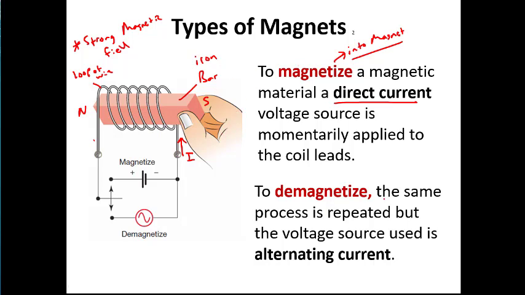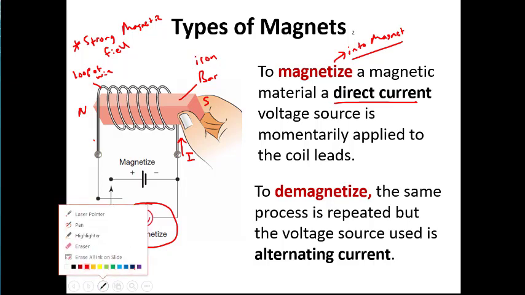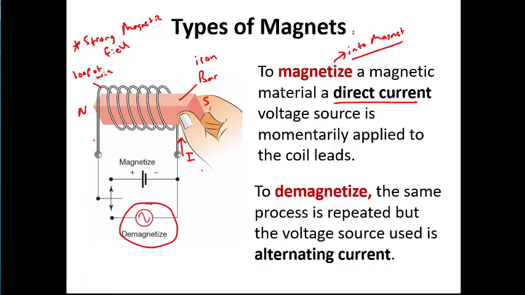If we want to demagnetize the same bar, we would connect an AC circuit to here. So we apply an AC source to our loop of wire, and during the positive cycle, this becomes a north and this becomes a south, just like the DC.